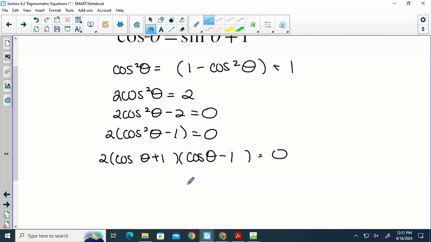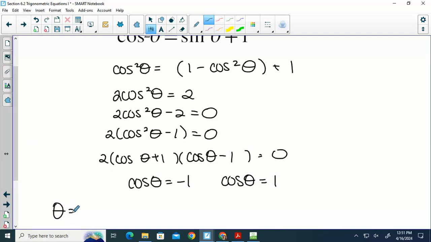And then you just have equal. Does 2 ever equal 0? No, so we can just drop that. Cosine theta plus 1 equals 0 gives me negative 1. Cosine theta minus 1 equals 0 gives me positive 1.